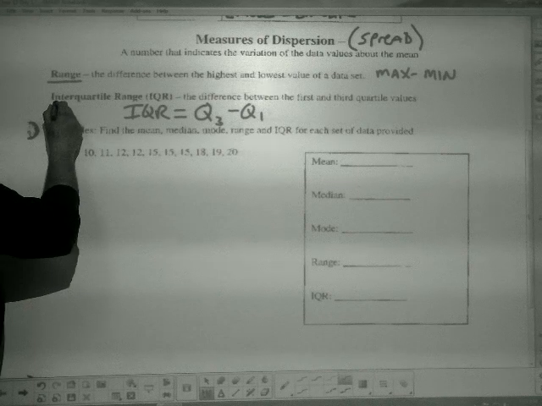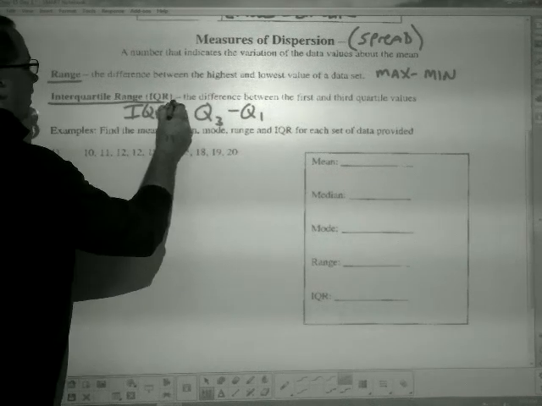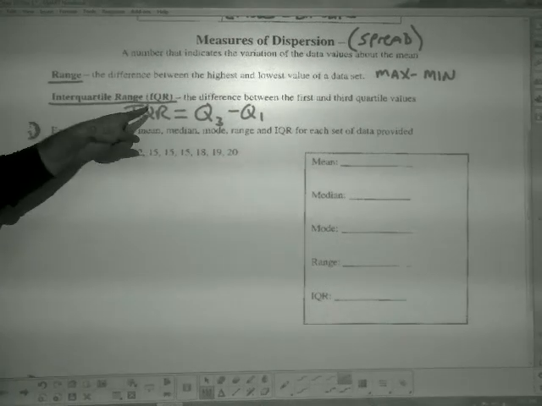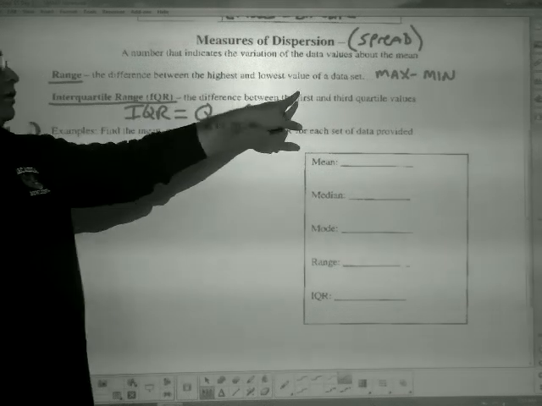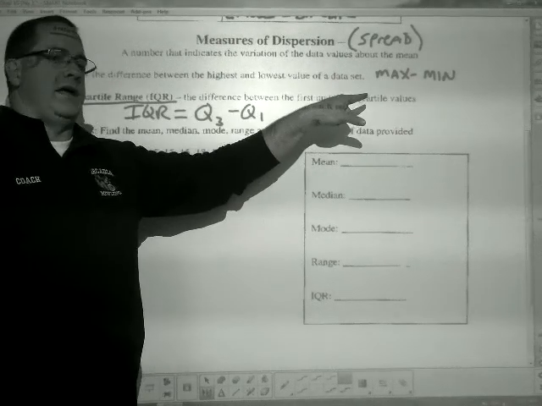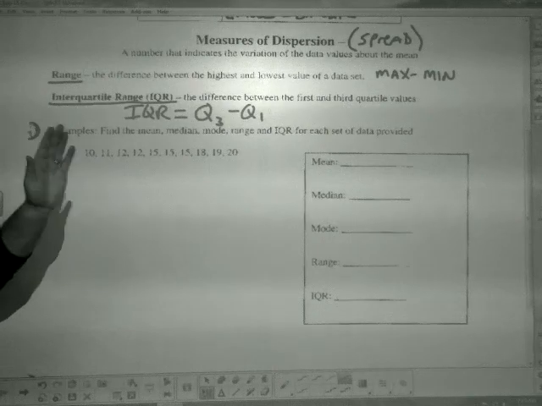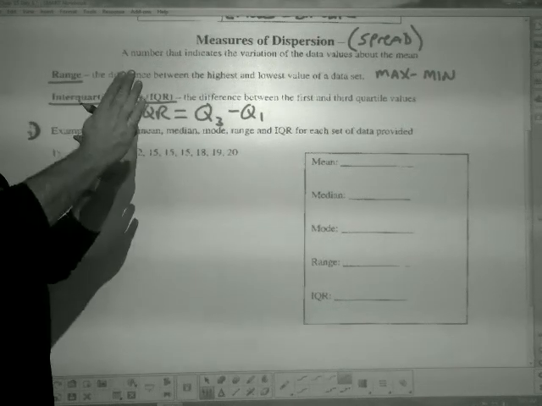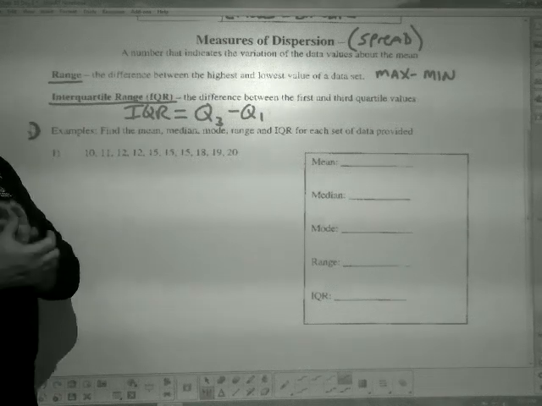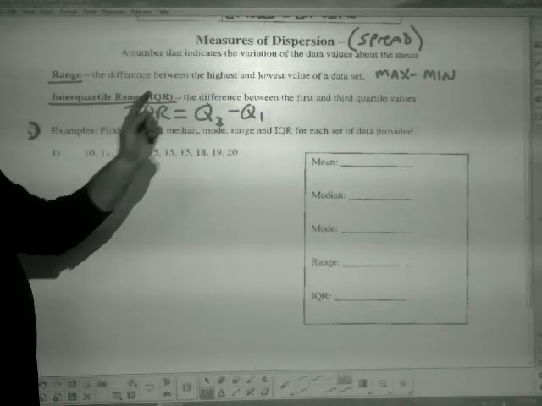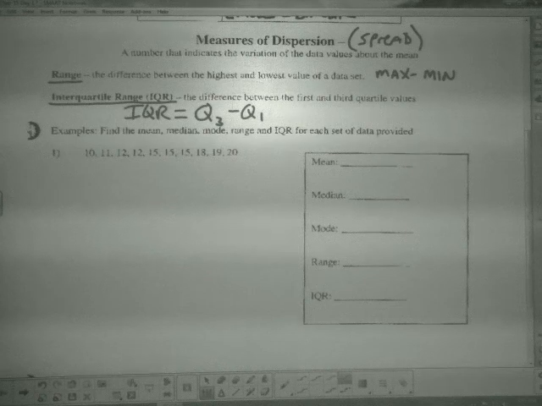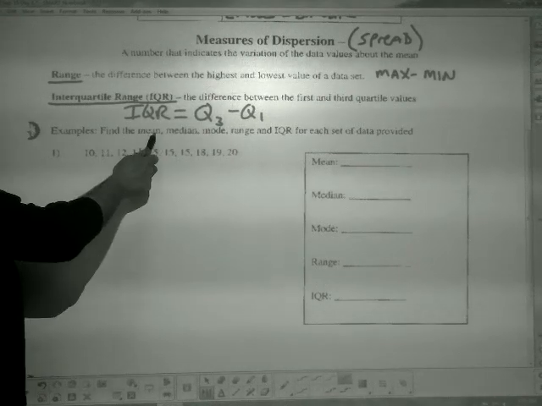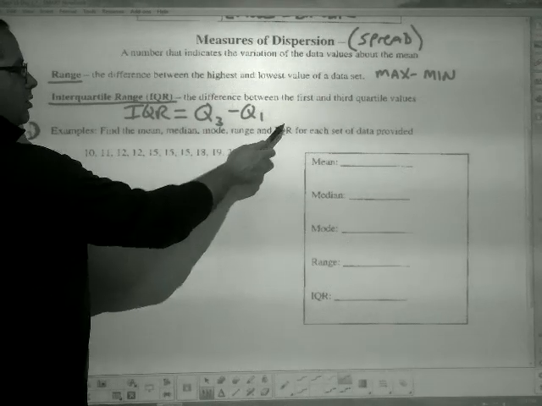We have interquartile range, what we call IQR. And it's the difference between the first and third quartile values. Well, the median is the middle. Quartiles then are the middle of the first half, and the middle of the last half are your first and third quartiles.